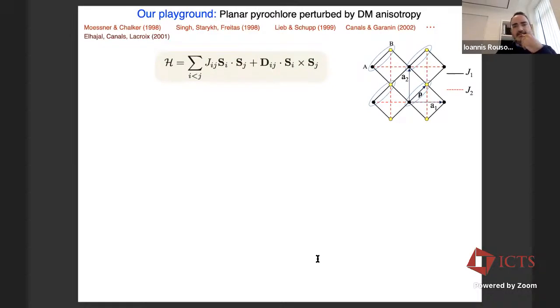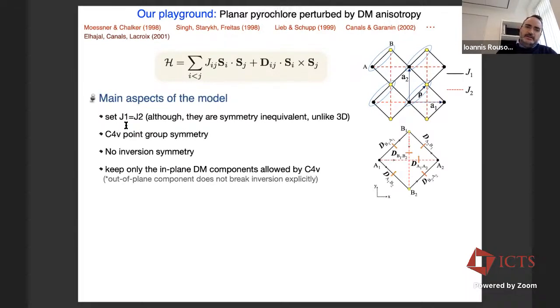The playground is, as I said, the planar checkerboard. This has been a playground for many studies over the years as one of the paradigms of frustrated magnetism. I'm going to take Heisenberg interactions and Dzyaloshinskii-Moriya interactions. And I'm going to assume that J1, the first neighbor coupling, is the same as J2, the second neighbor coupling, which is kind of unrealistic because in reality, in the plane, these two bonds are symmetry inequivalent, unlike in the three-dimensional pyrochlore.